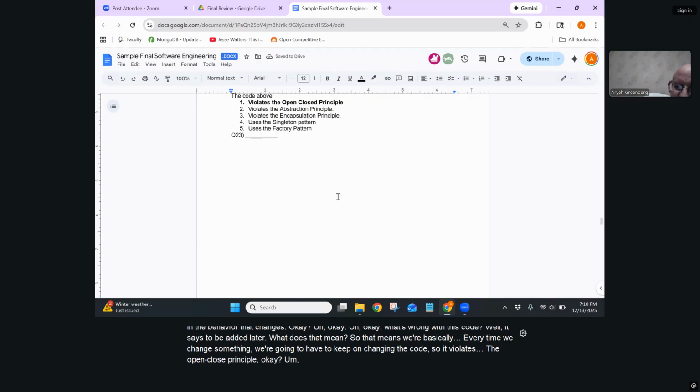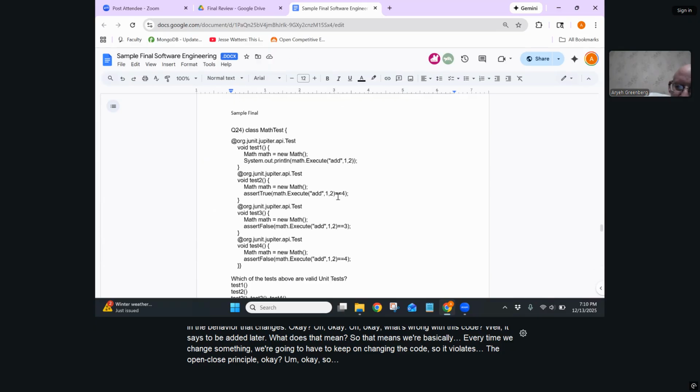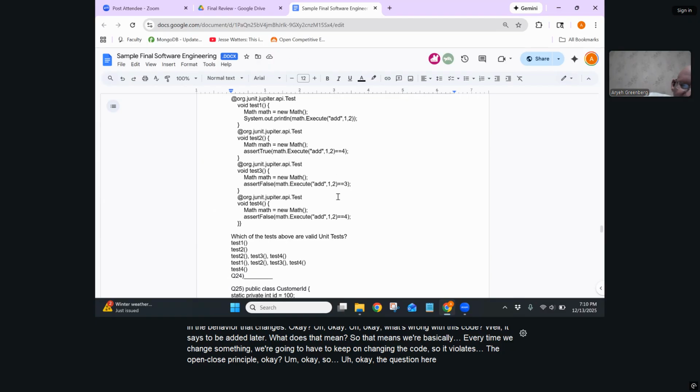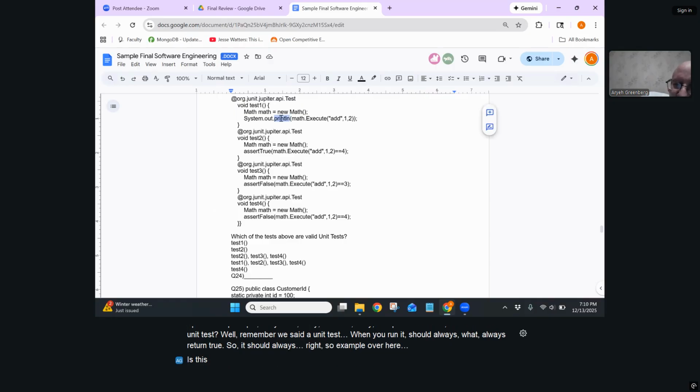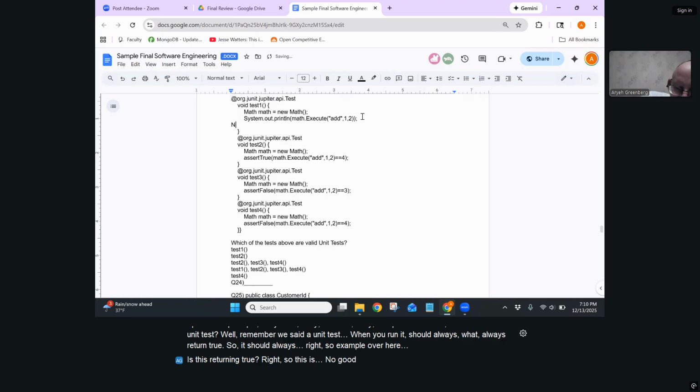Okay, the question here is which is a valid unit test? Well, remember we said a unit test when you run it should always what? Always return true. So in the example over here, is this returning true? Right, so this is no good because there's no automatic test. It's just printing to the screen.